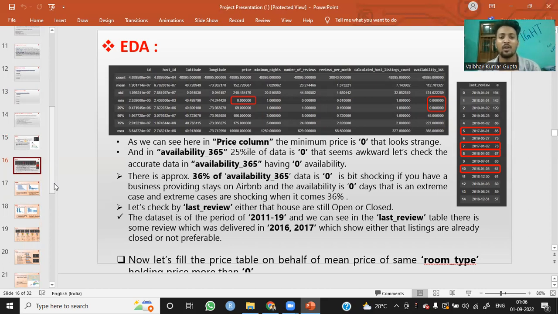When I checked how many observations have price 0, it was about 16 to 18 rows.